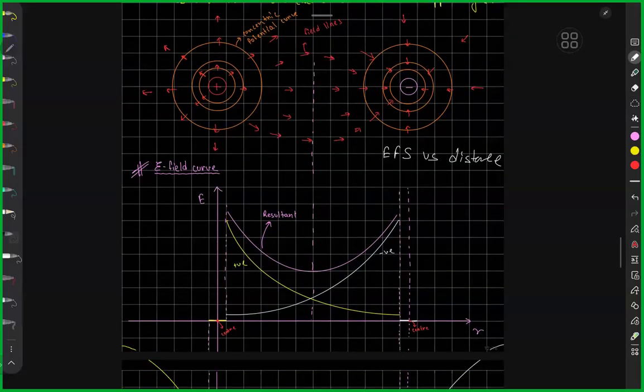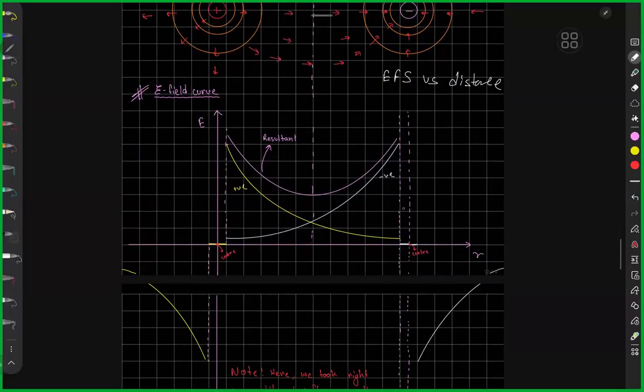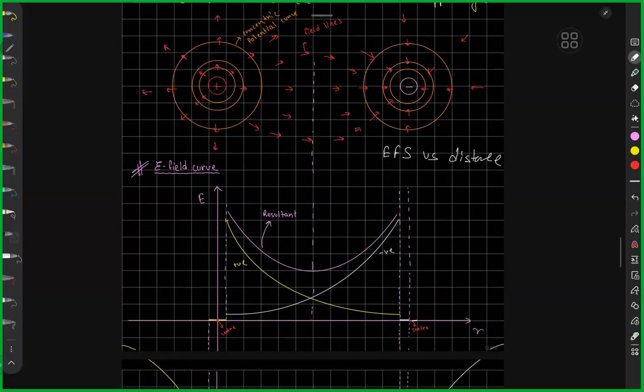And I will do it step by step. The pink line that you see is the resultant electric field strength curve between a positive and a negative charge.